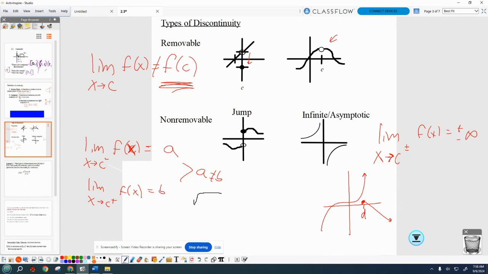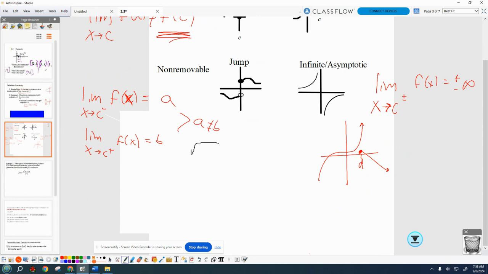Okay, so this one at D, what kind of discontinuity? Infinite? Because who's going to win, infinity or 1? Infinity wins. Okay.